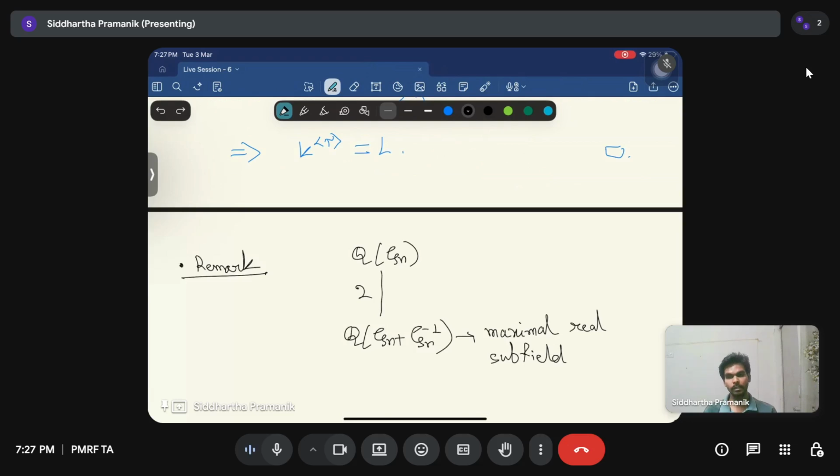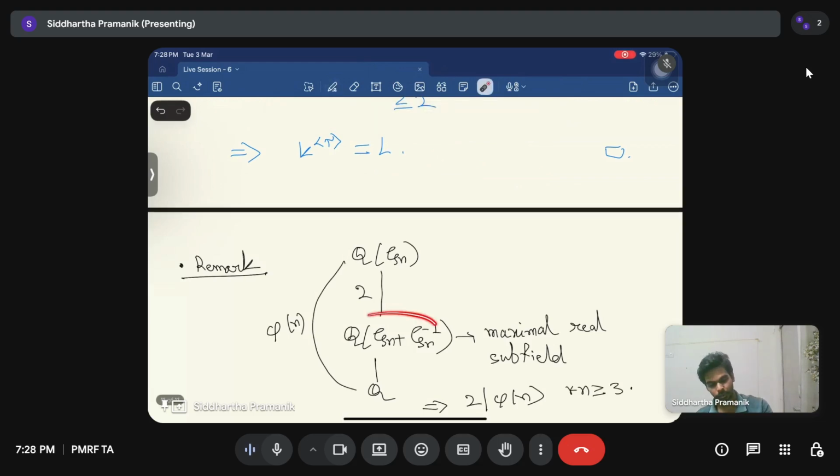So from this you can conclude other things: if you take Q here, then this degree is basically the Euler phi of n. So this will imply 2 has to divide phi of n for all n greater than or equal to 3. Otherwise this extension has to coincide. Either it is a subfield of R or 2 divides the degree of the extension.